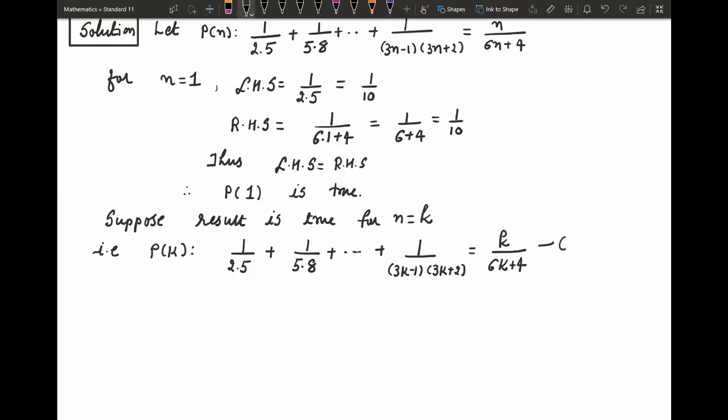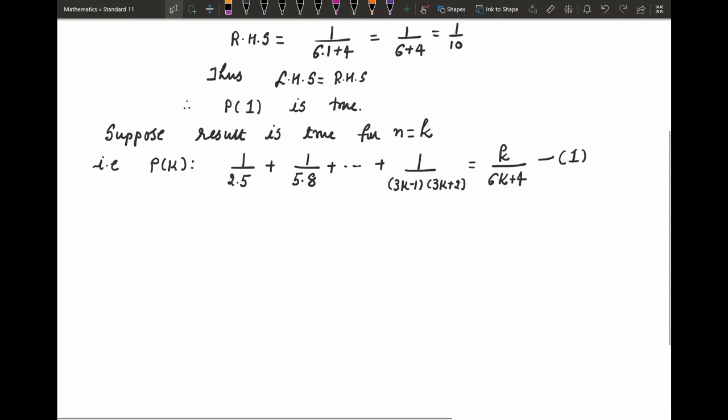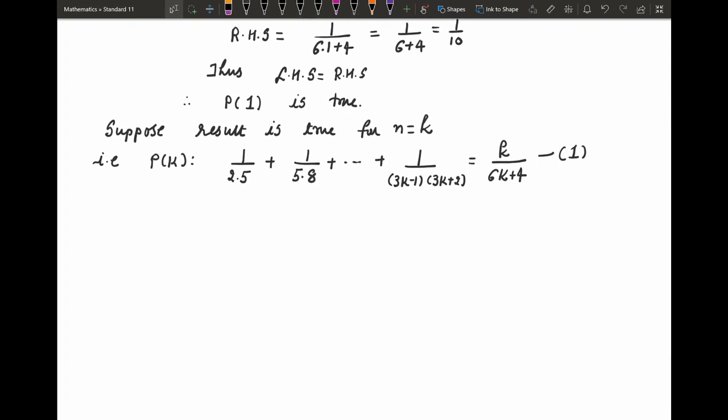Say result number 1, because without help of P of k we can't prove result for consecutive integer n equal to k plus 1, P of k plus 1.